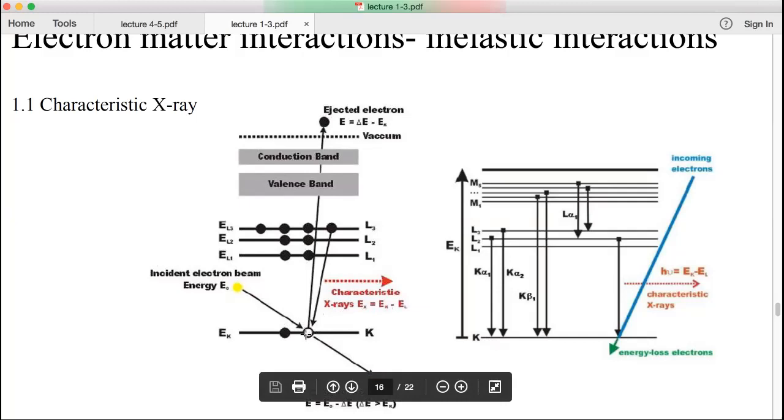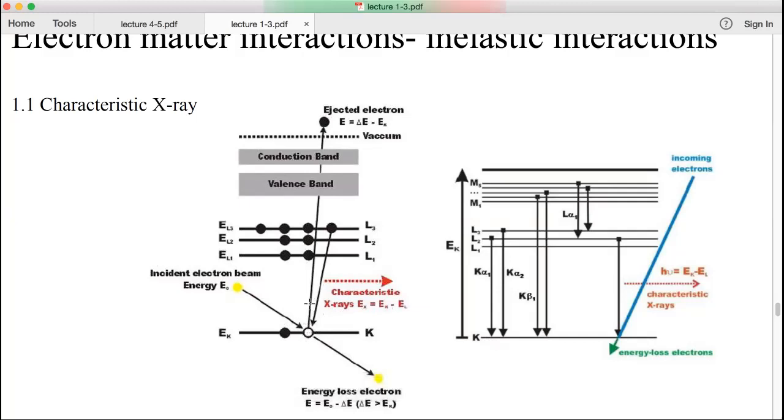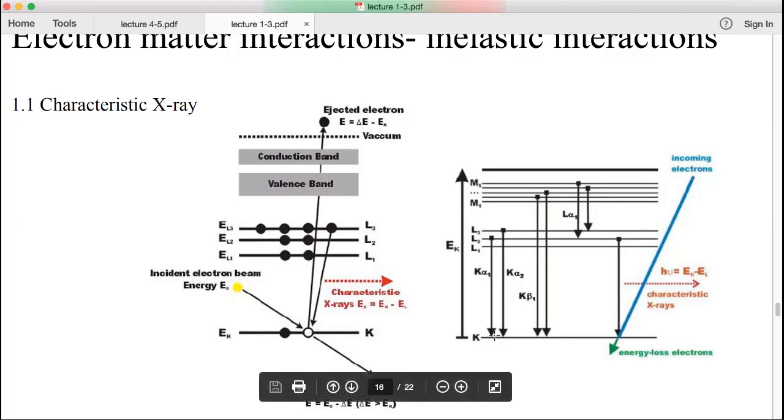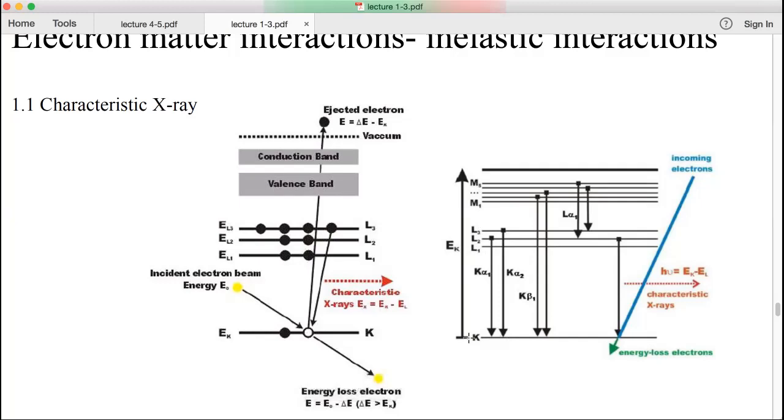Because we removed this electron, there's a vacancy here, and this vacancy can be filled by an upper shell electron, right? So we have the K, L, M. K means 1s, L we have 2s, 2p, and then M we have 3s, 3p, 3d.